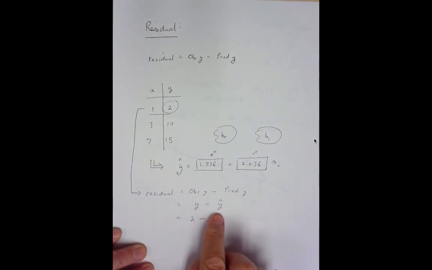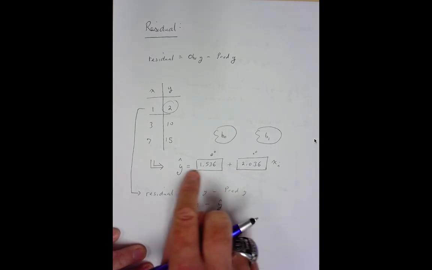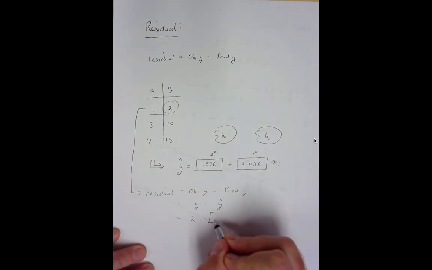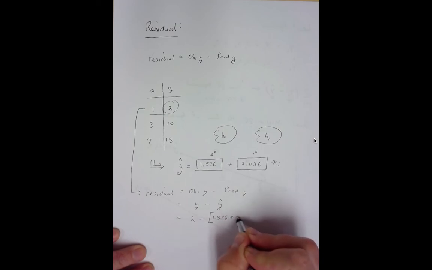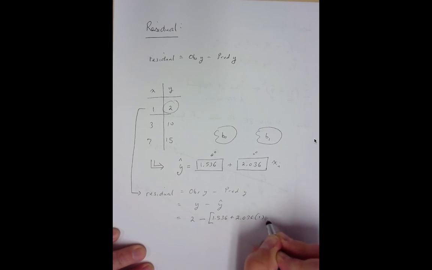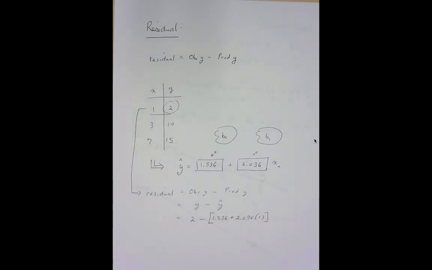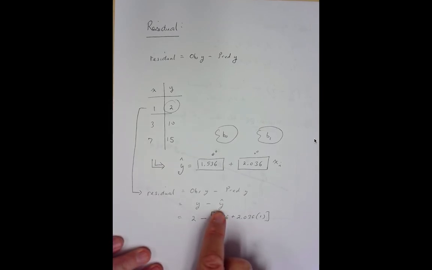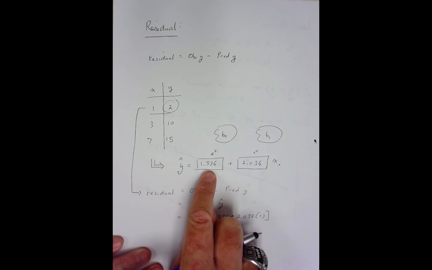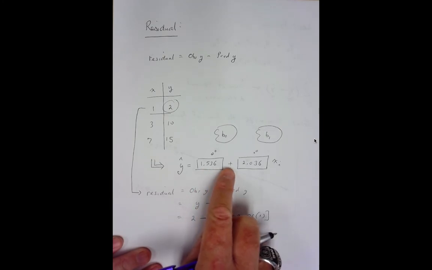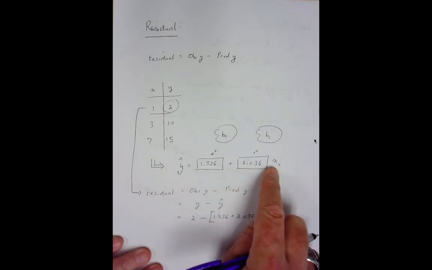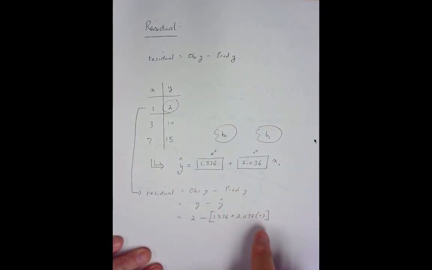The predicted y is found by putting our x value into the model: y hat is the intercept plus the slope times the x value. The x value here is 1.